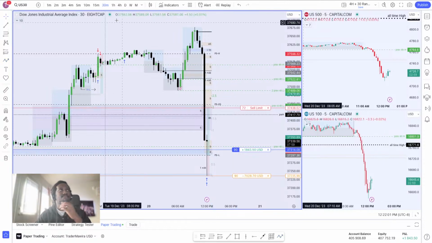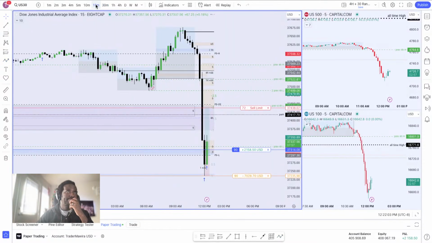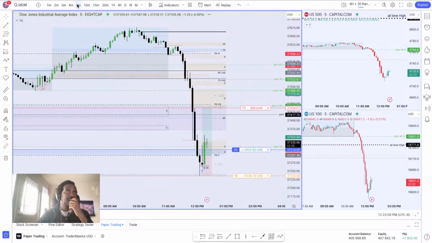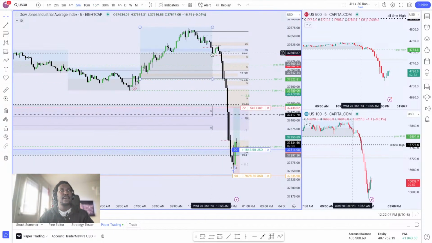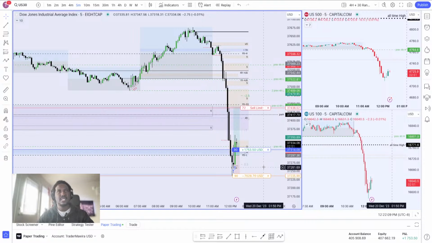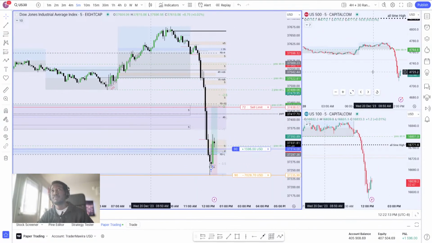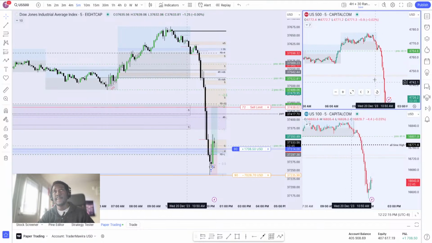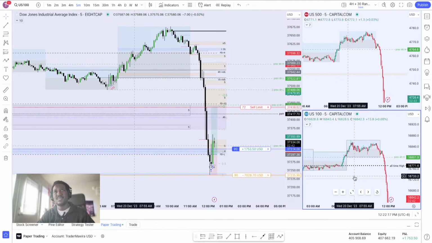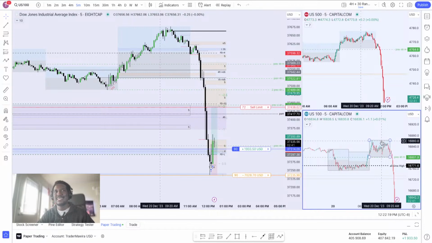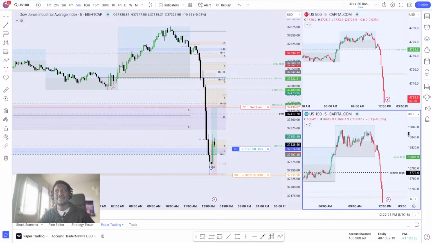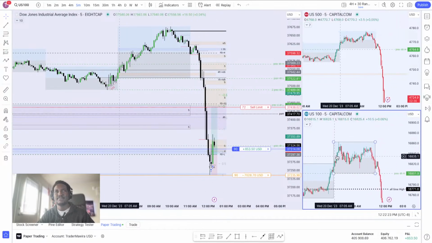But on a 5-minute basis, I think up here where all this move began is where we can come back to. Remember that we're still bullish overall.